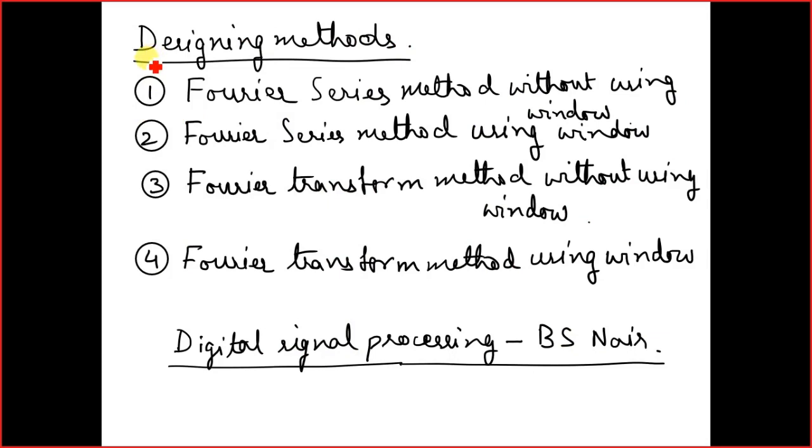Now, when we talk about the designing methods, there are four types: Fourier series method without window, Fourier series method using window, Fourier transform method without window, and Fourier transform method using window.